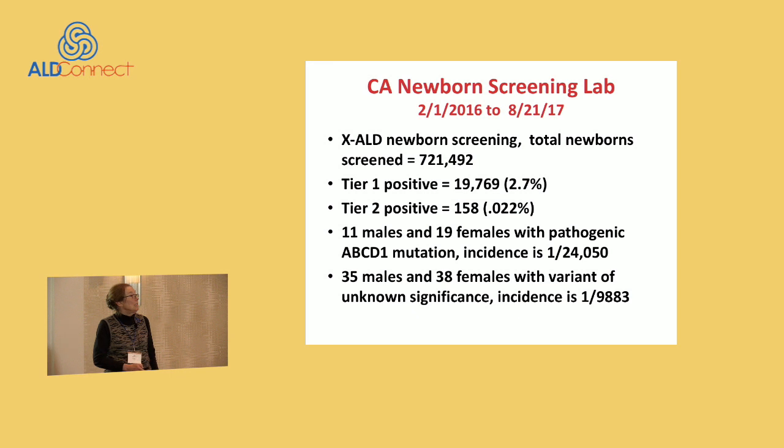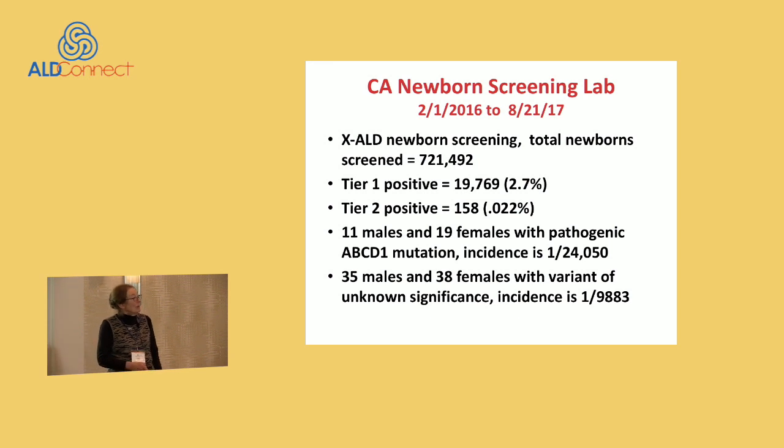And here's California, updated to August. They have already done 720,492. They're tier 1, which is a high throughput screening again, like New York. They have 2.7% positive.